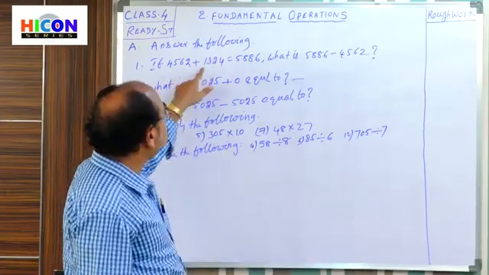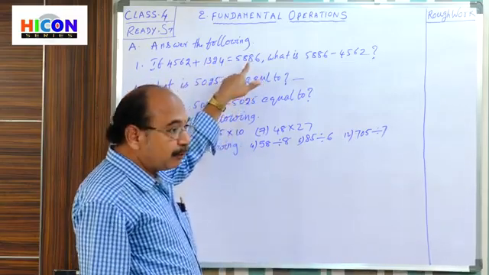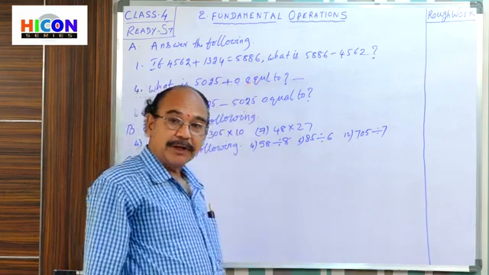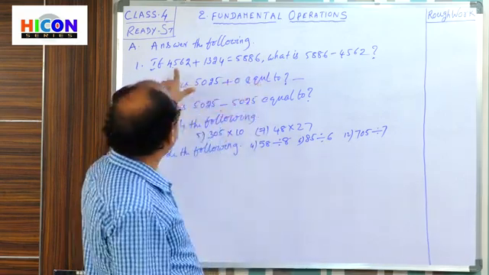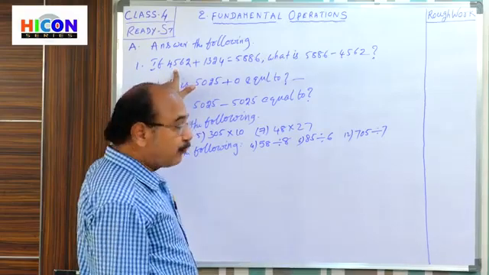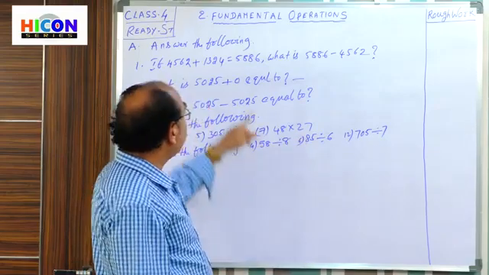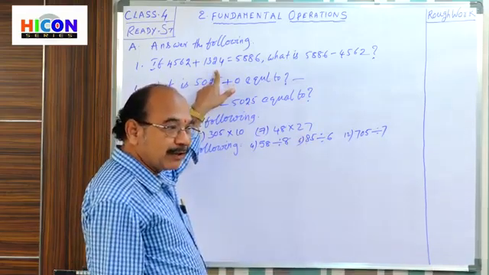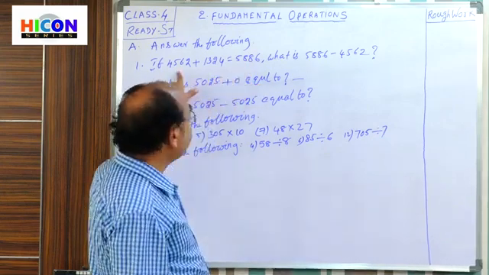Why? Because the sum of the two numbers is 5,886. Here the sum means addition. From this result, he is subtracting the first number. If we subtract the first number, then we get the second number. If you want to get the second number, what do you have to do? From the sum, you have to subtract the first number.